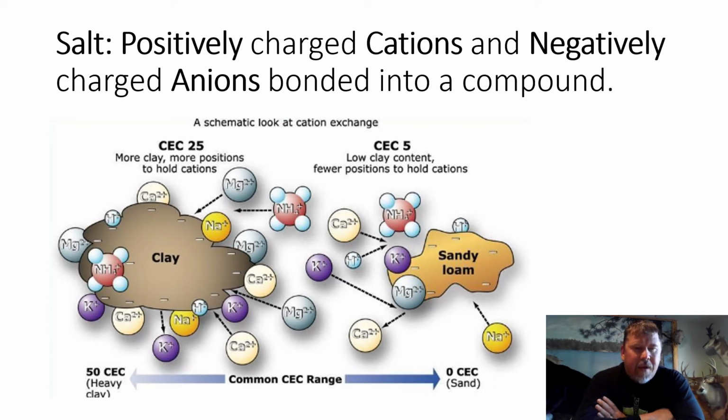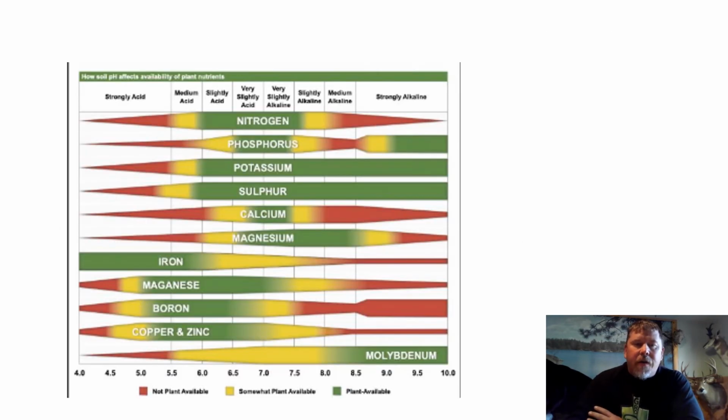But the main thing we have to understand is the reason we have to do that is because our soil is dead, it's poor. It's the only option that we have. We have to look at the chart and say, okay, we know where we want to be on the chart.